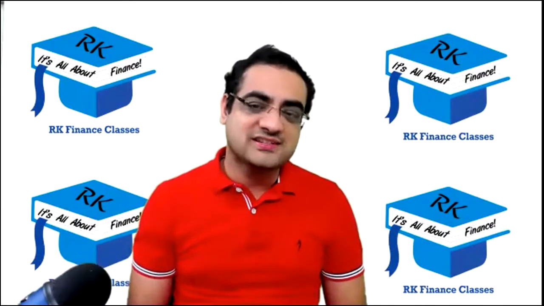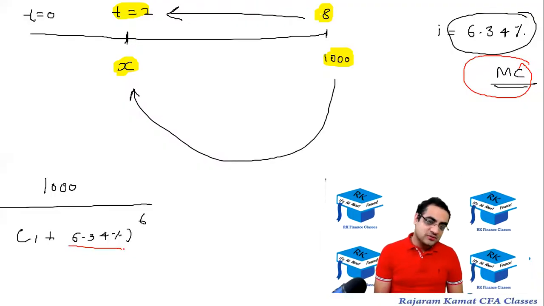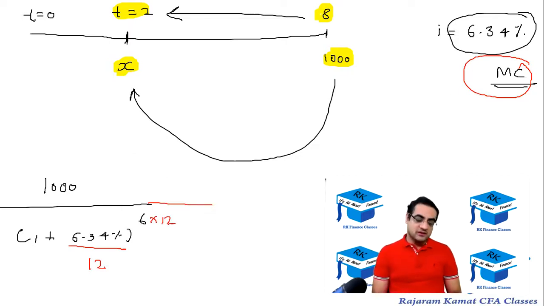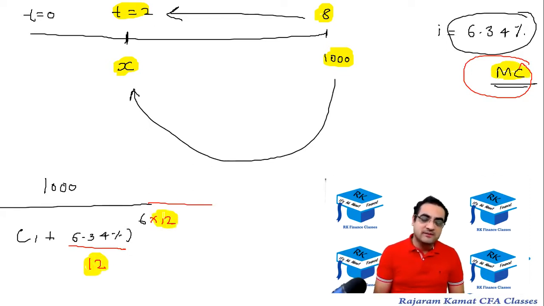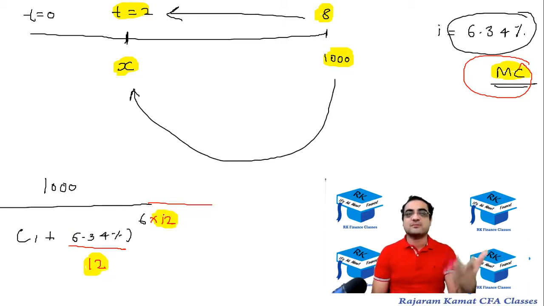So this R has to be divided by 12, and this N, the 6, needs to be multiplied by 12. That's the change we discussed in the last lecture for compounding; this is for discounting, but the logic remains the same. R needs to be divided and N needs to be multiplied.